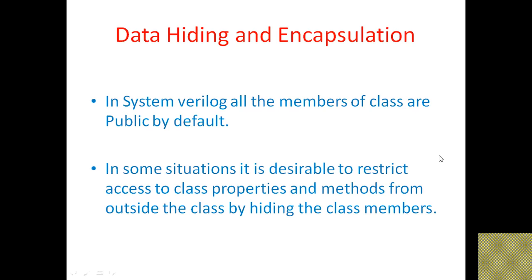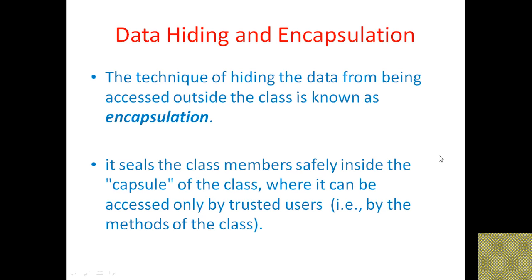And the technique of hiding the data from being accessed outside the class is known as encapsulation. Encapsulation seals the class members safely inside the capsule of the class, where they can be accessed only by trusted users, that is, by the methods of the class only.